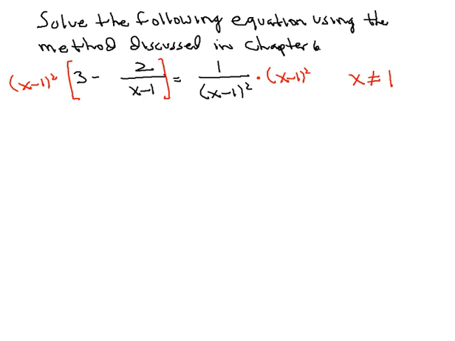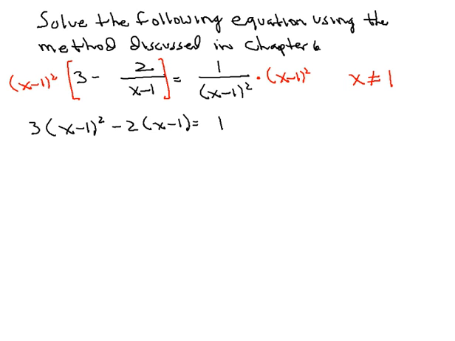So if we go back to the left-hand side now, multiplying the 3 by that, we have 3 times (x minus 1) quantity squared minus 2 times, and I think you'll see the denominator of that fraction will cancel into the LCD, leaving us with just an x minus 1. And on the right-hand side, the denominator cancels completely with the LCD, leaving us with just 1.